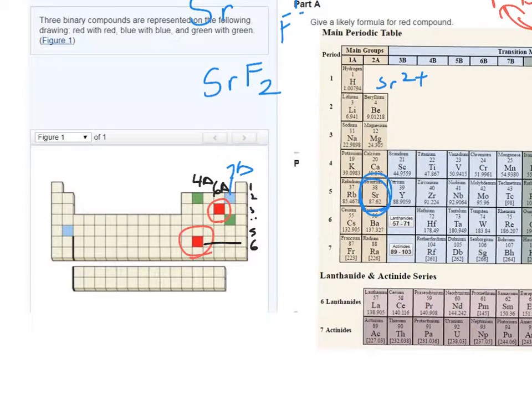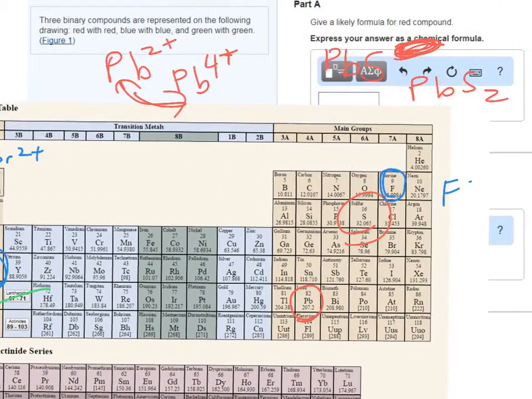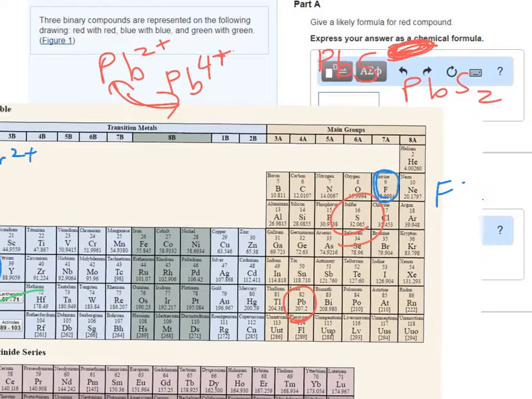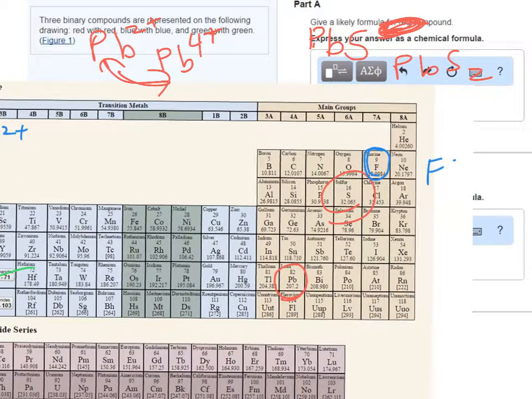If we continue, how about our green compound? Once again, we're going to need to locate our elements. Green's right there. It's in 4A, second period. Carbon.